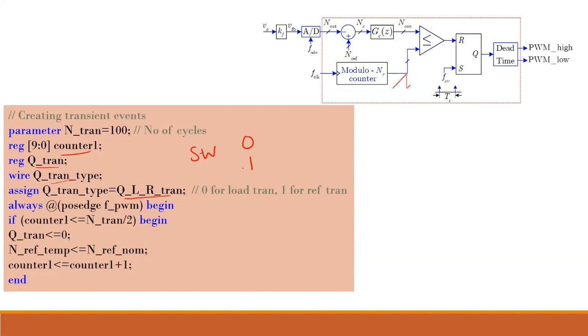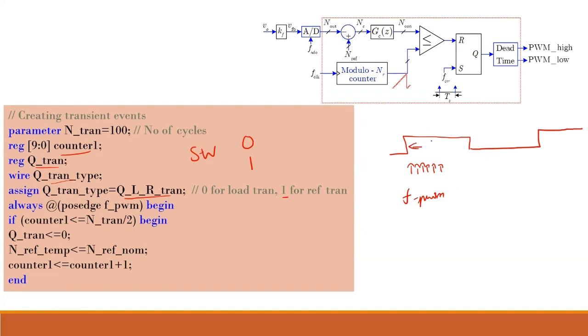Suppose it is at position 1, so it is a reference transient. This is my FSW, and FSW is actually my FPWM. So I have a counter.